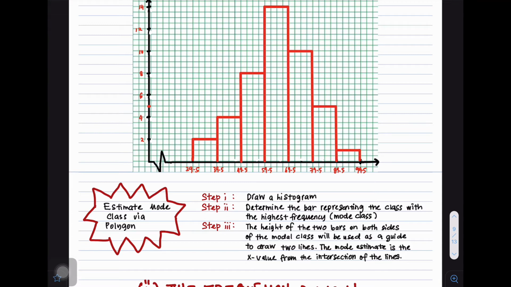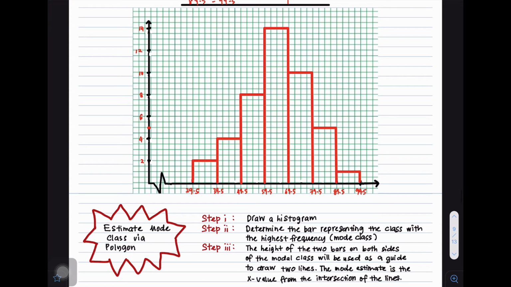Okay, so kita obviously can see from the histogram mana kelas yang mempunyai frekuensi yang paling tinggi, which is this class. Okay, 59.5 to 69.5 because the bar is the highest one. Okay, bar yang paling tinggi dia menunjukkan frekuensi kelas paling tinggi, so kita tahu this one is the modal class.